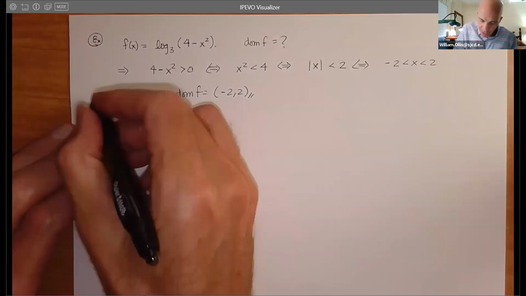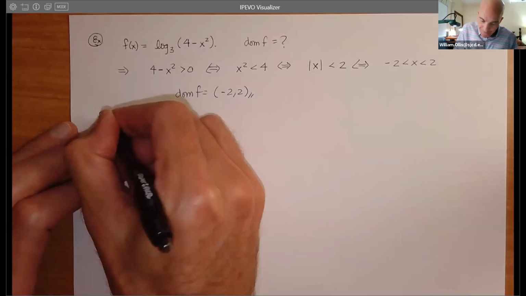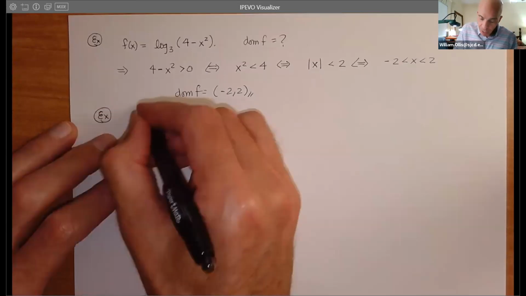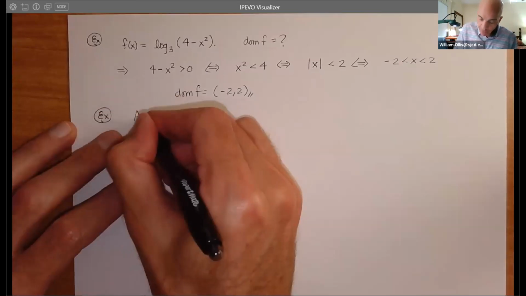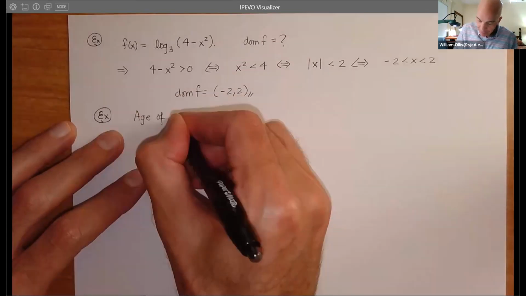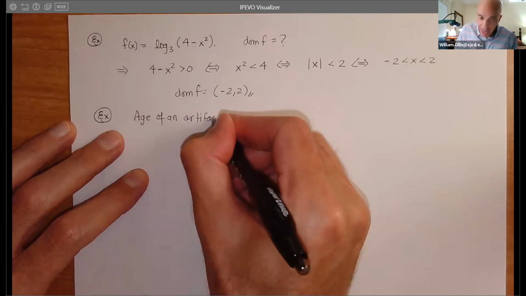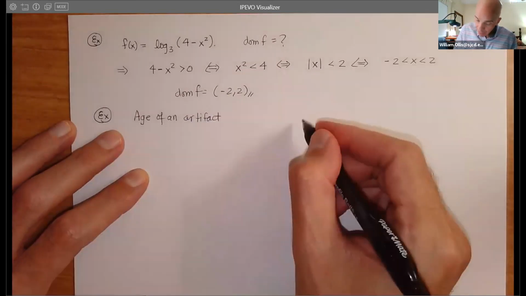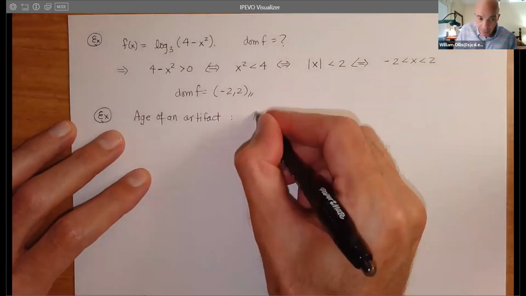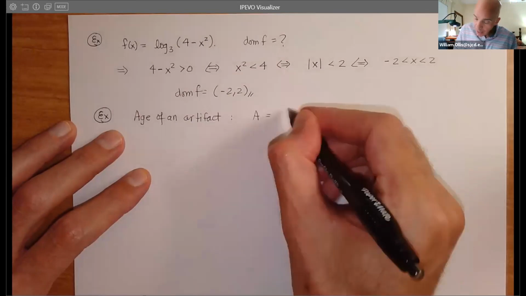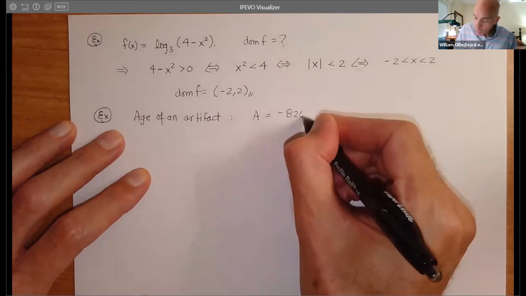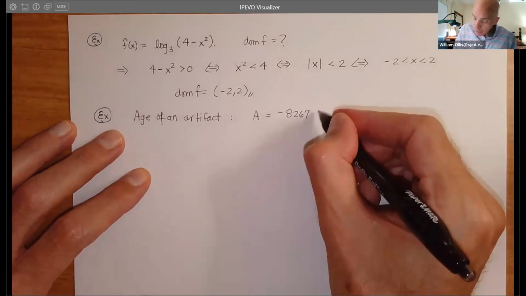Now, here's an example from your WebAssign I thought was interesting. We have the age of an artifact. This involves some logarithms. The age of an artifact will be given as A equals -8,267 times the natural log.